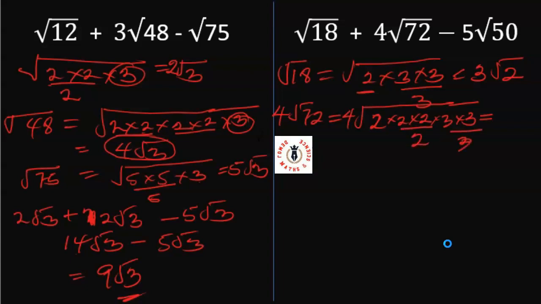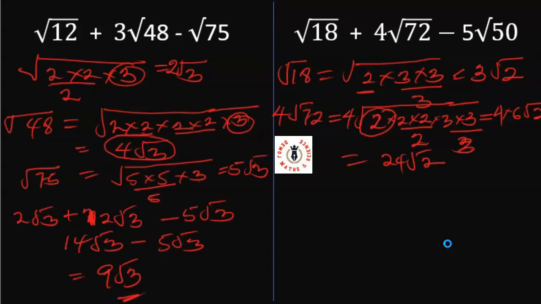So I have 2 times 3, that's 6, and I have 2 without a partner. So that becomes 4 times 6 root 2, that's 24 root 2.